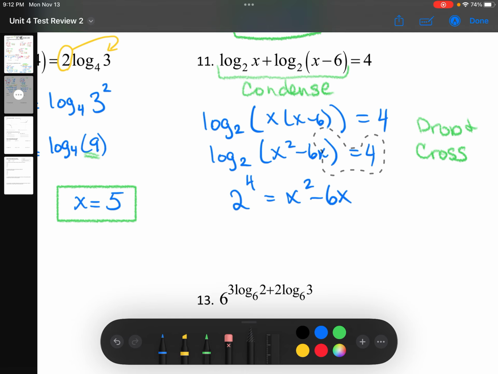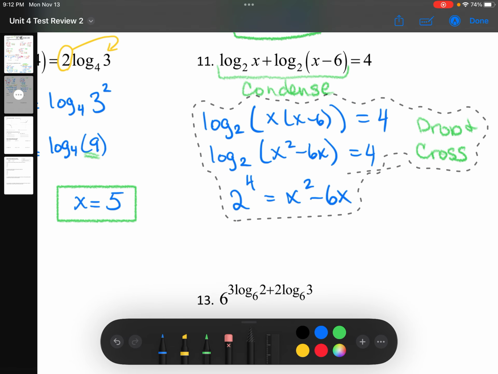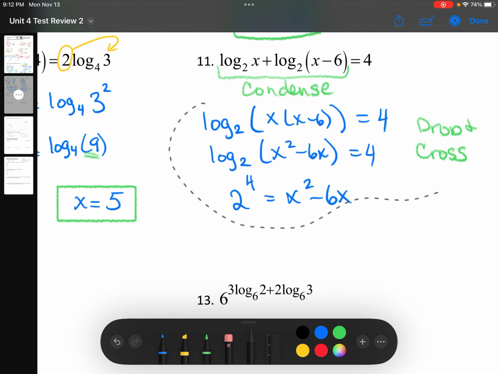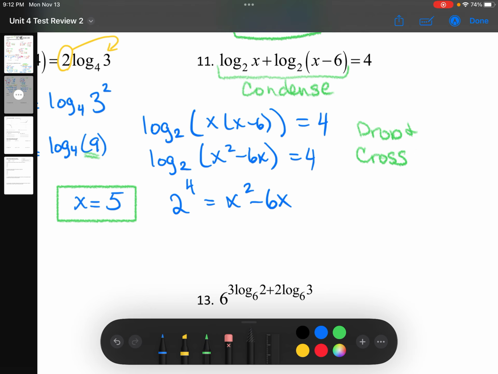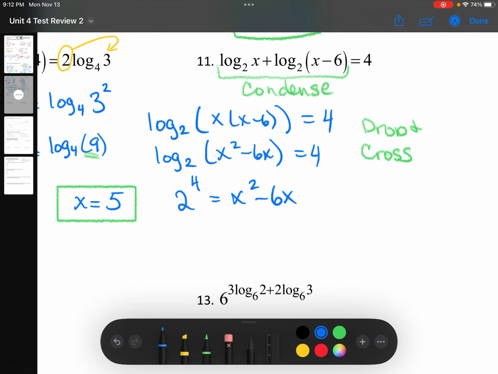Scoot this over because I'm going to want some room. Okay, I'm going to try one more time to scoot this over. Oh, it heard me that time. So, 2 to the 4th power is 16. 16 equals x squared minus 6x.